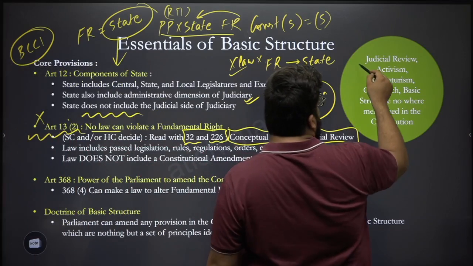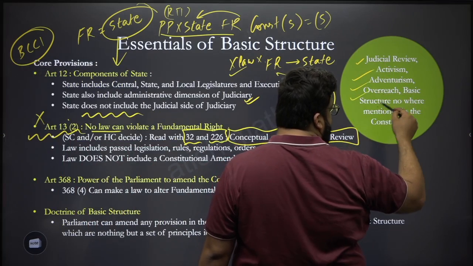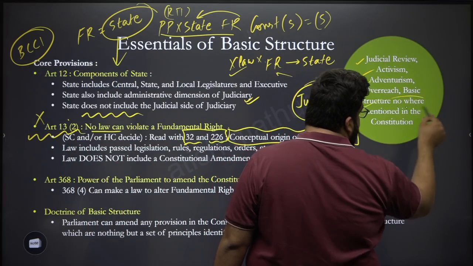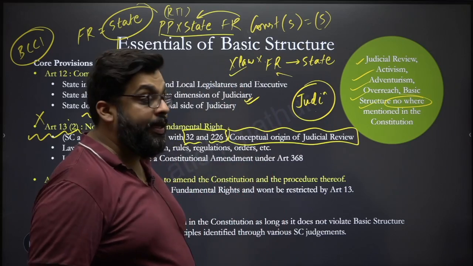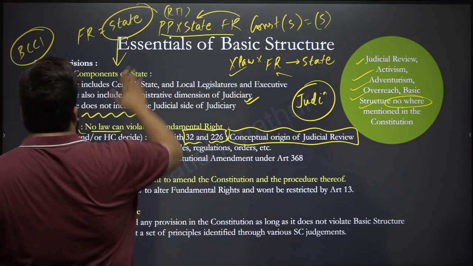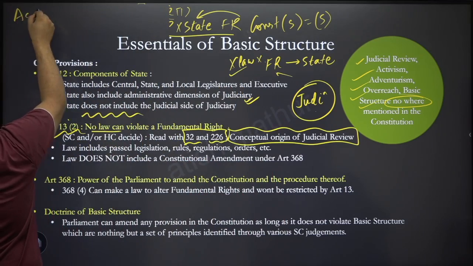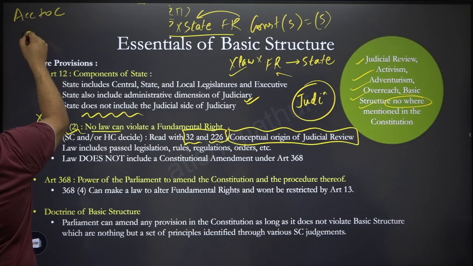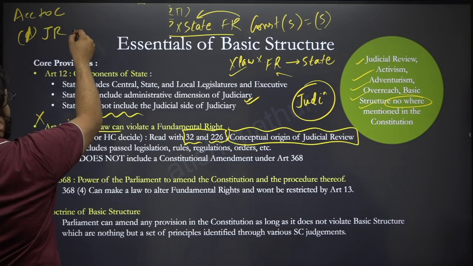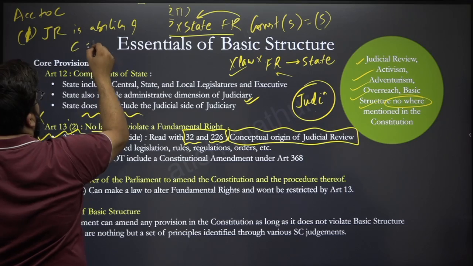Whether it is the word judicial review, activism, adventurism, overreach, basic structure, none of this is mentioned in the Constitution anywhere. What I'm going to tell you now is extremely important. If in the prelims the option says, according to the Constitution, option A, judicial review, statement 1, judicial review is the ability to determine the constitutionality of laws.